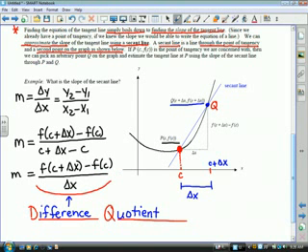What can I do to those 2 points to make the secant turn into the tangent line? Make what smaller? What up there in that picture, what value do I want to make smaller? Delta x. The distance, right?